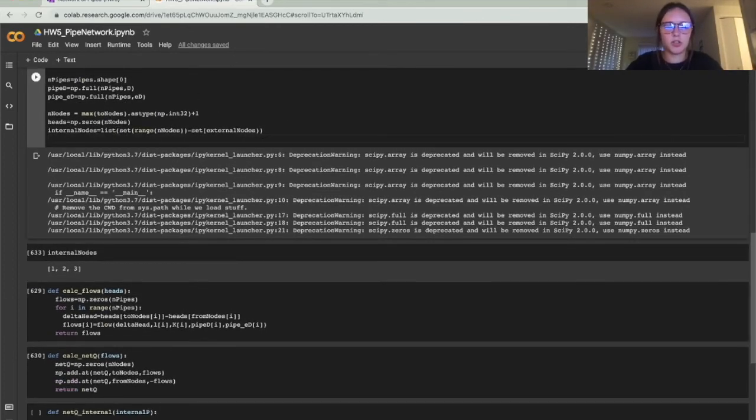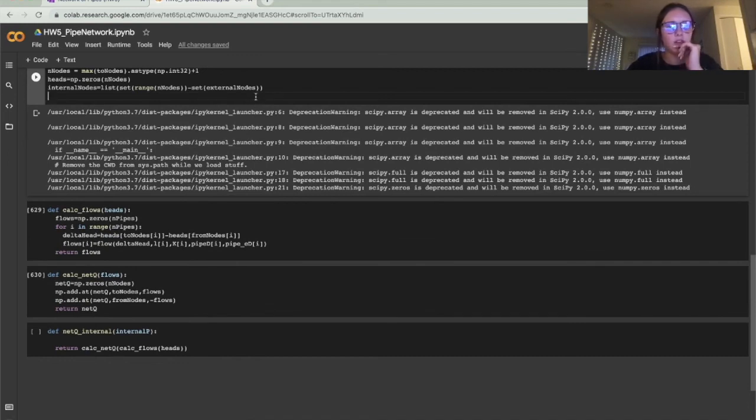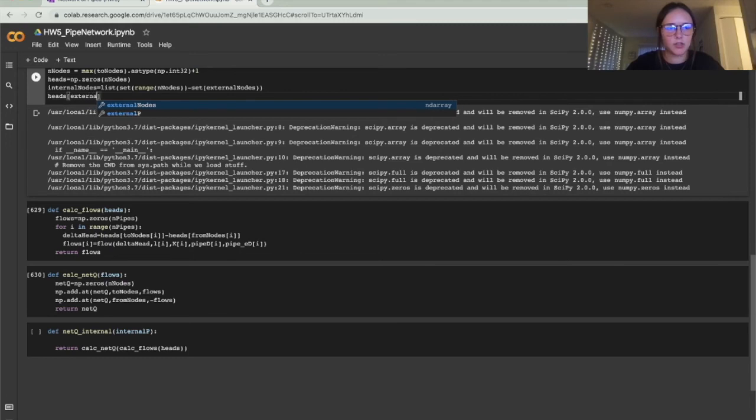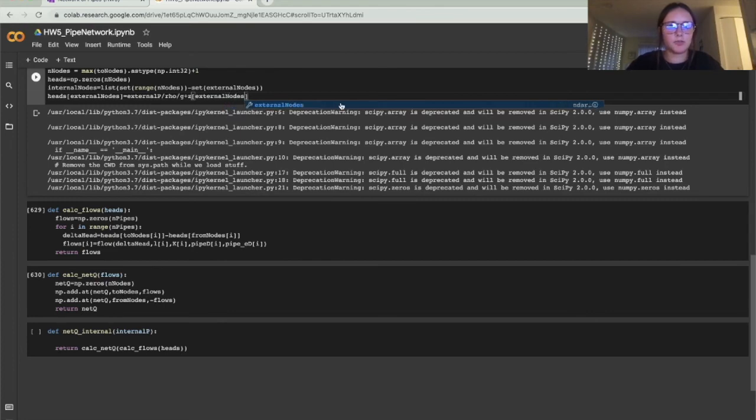And we also want to calculate the heads of the internal and the external nodes. So we can do the external nodes up here. And so this is going to be using a formula. It's just going to be the external pressure divided by rho divided by g plus the height of the external nodes.